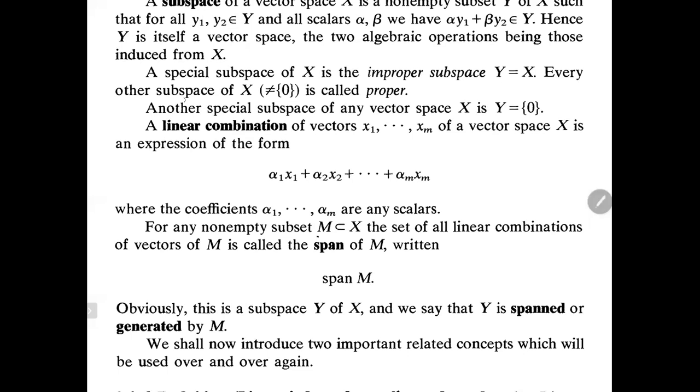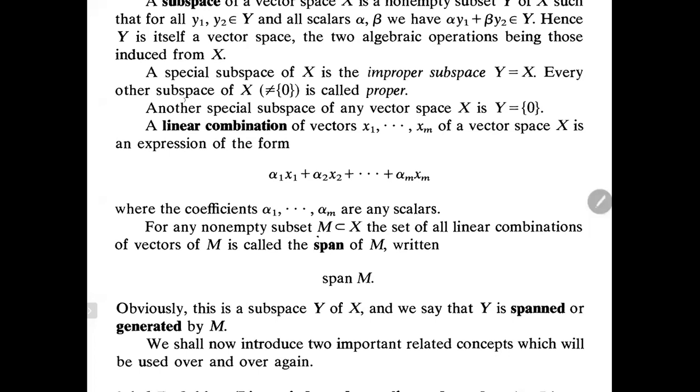If we have a subset M of a vector space X, and you collect all the linear combinations of vectors in the subset M, the set of all the linear combinations is called the span of M.